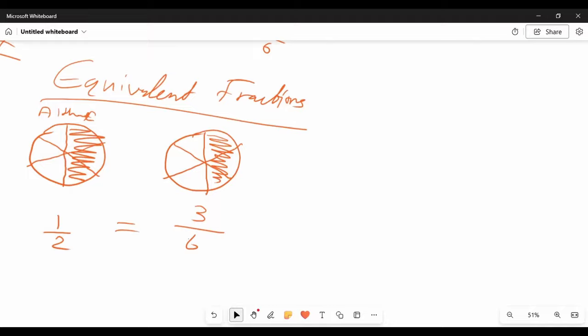All right. And the second thing, if you have to figure out an equivalent fraction, for example, let's take the fraction 4 over 6. If I ask you to find equivalent fractions for this, there are different strategies you can follow. One thing, I can say this as 8 over 12.